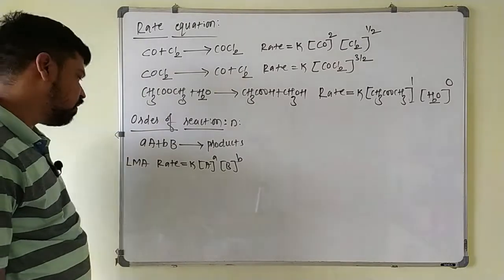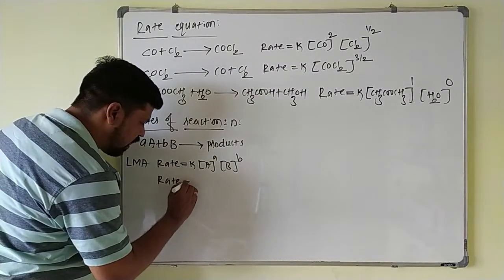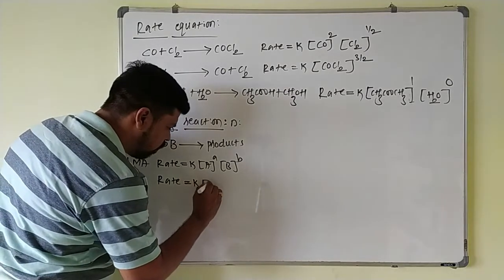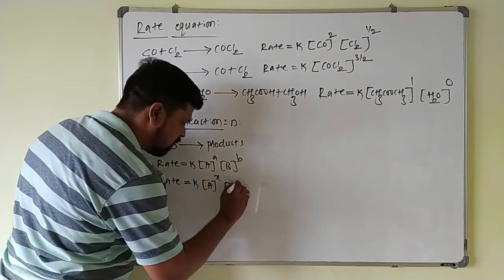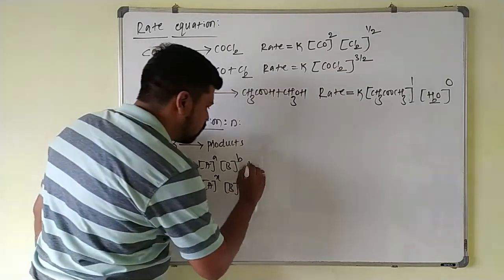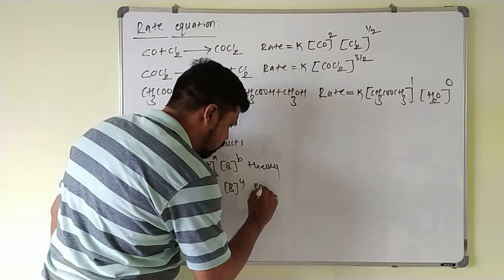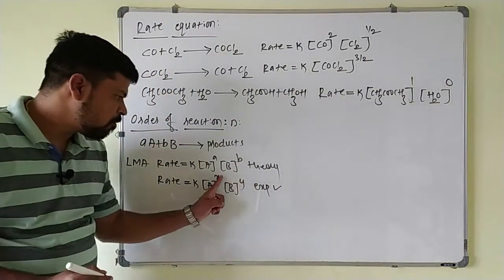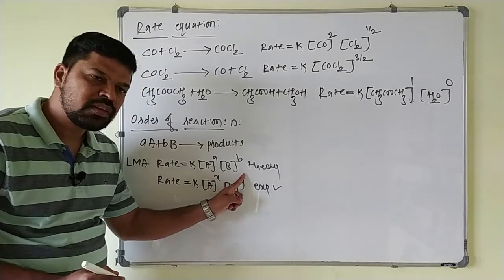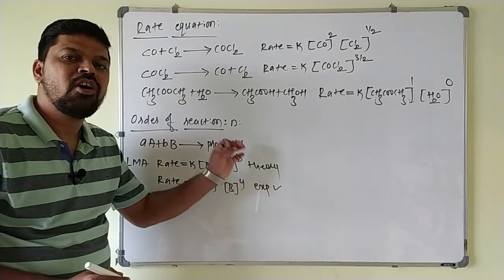But experimentally, this rate equation can be written as K into molar concentration of A power x and molar concentration of B power y. So this is the theoretical concept and this will be experimental. The definition is the sum of powers of concentration term in the experimentally determined rate equation is called the order of the reaction.